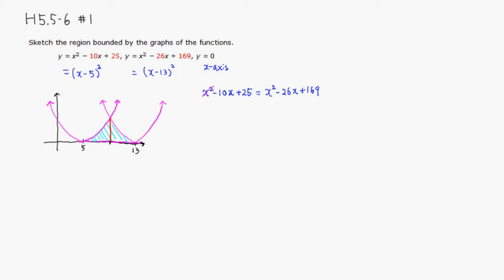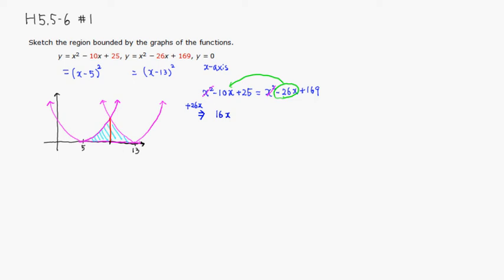Since we have x squared on both sides, we subtract x squared from both sides and cancel that out. I would put all the terms with x on the left, everything else on the right. So I would add 26x, which gives us negative 10 plus 26, so 16x.